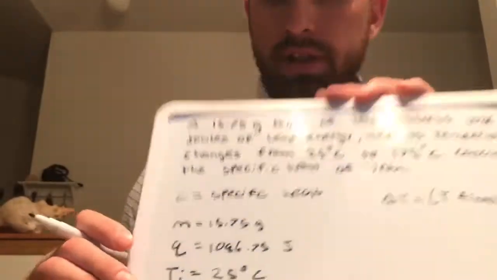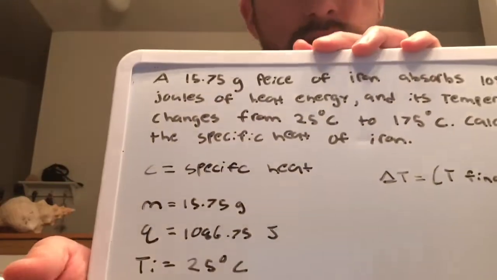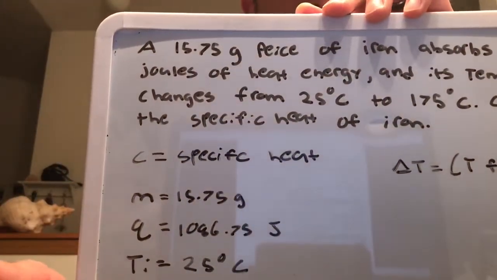Okay. So our initial temperature here was 25 degrees Celsius. And then we ended with 175 degrees Celsius, okay? So now we have our T initial and our T final, and that's all that TI and TF mean.